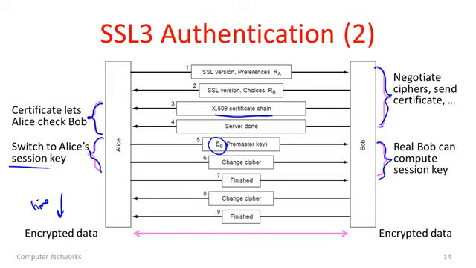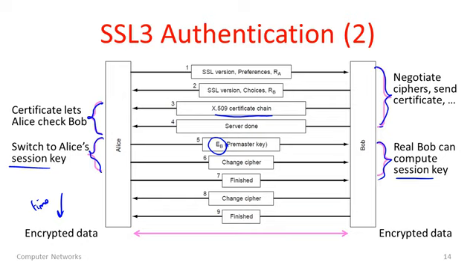So Alice now switches to the session key and Bob switches to the session key, and we're finished with this protocol. If they can both compute the right session key, and they don't send it to one another directly, they just have to both compute it, then they can both switch over to use it. All of this is happening when we send the change cipher messages to know when to switch over.